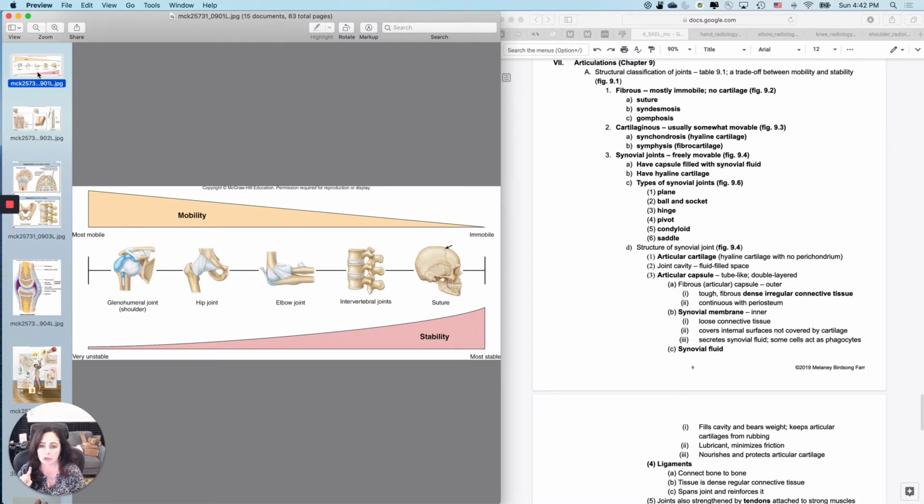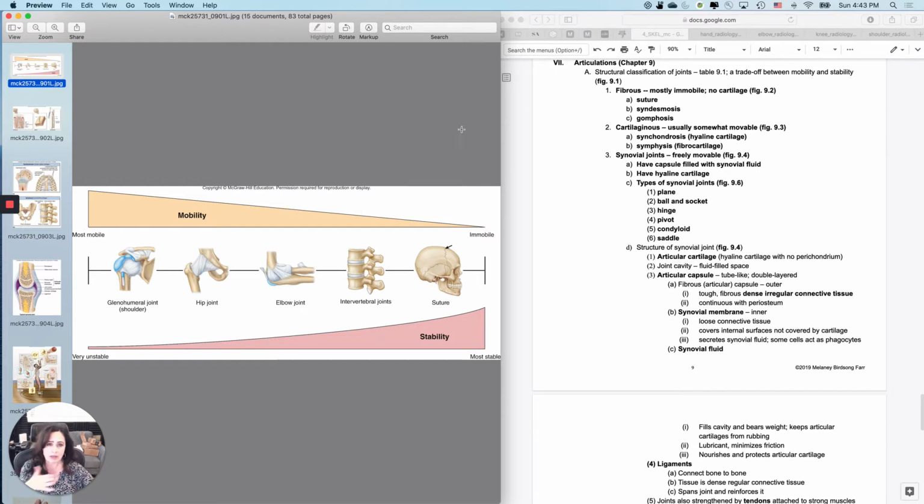Okay, so if we look at the categories of joints, the ones all the way down at this end are going to be called the fibrous joints. They're not supposed to be wiggly. And the ones all the way down at this end are going to be called the synovial joints. They are supposed to be wiggly. And then you'll have some things in the middle that we'll talk about.